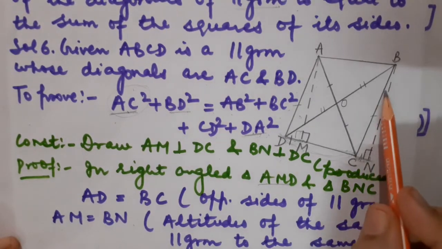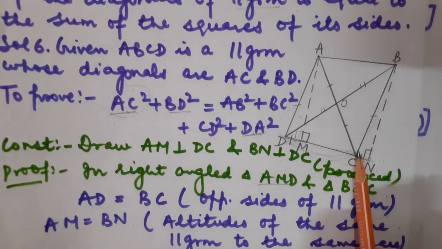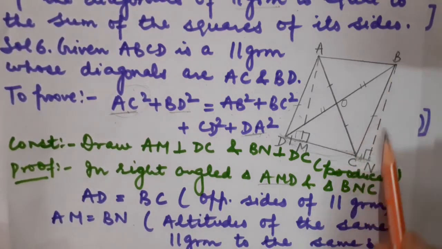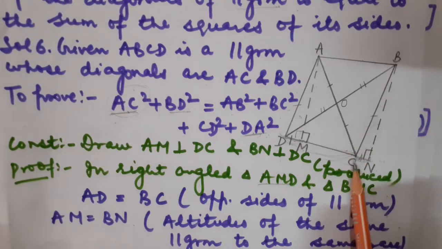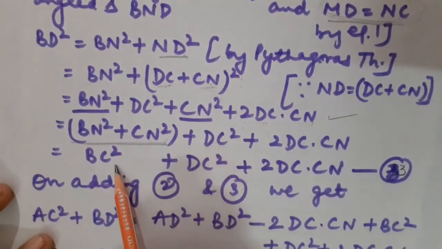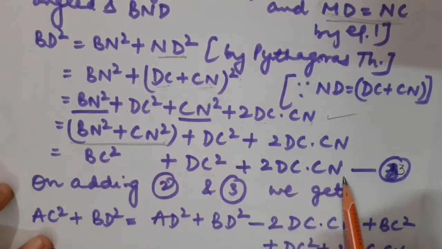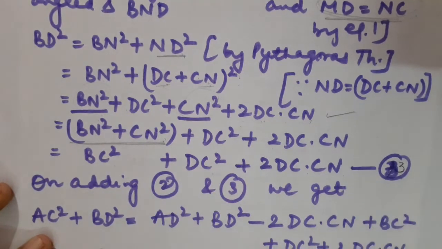If I am going to talk about this small right angle triangle, so hasn't it become BC square? Of course, because perpendicular square plus base square will give you hypotenuse square. So that has been interchanged by BC square plus DC square plus 2 times DC into CN. So let it consider as equation number 3.